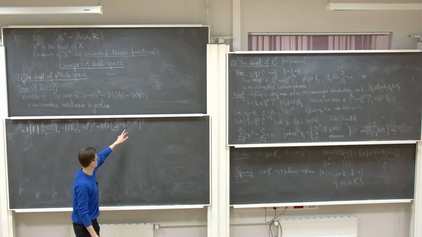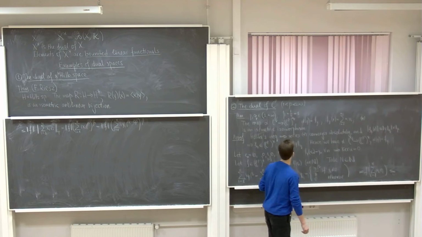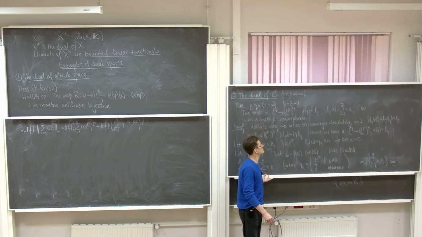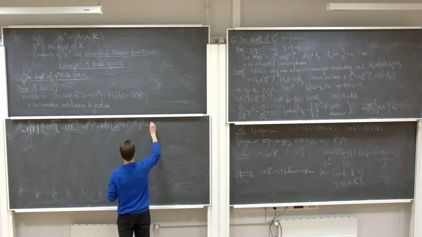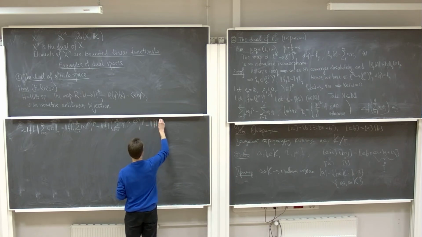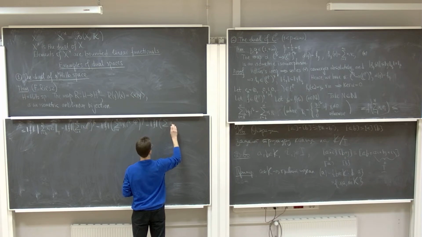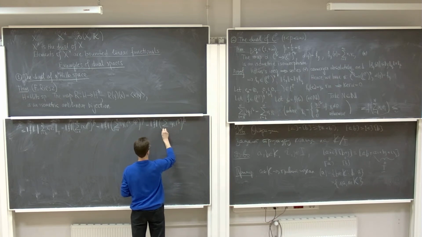Okay, but what is q minus 1 multiplied by p? It's easy to deduce from this formula that q minus 1 multiplied by p is just q. So we come to the following expression.